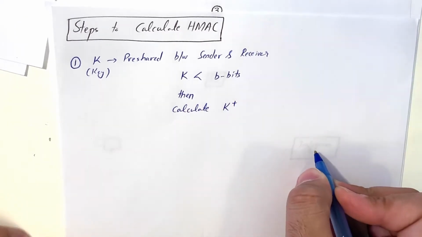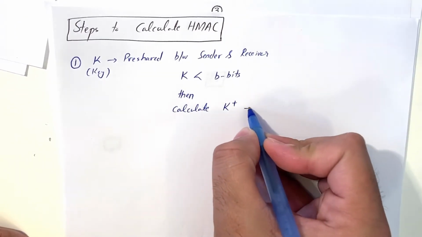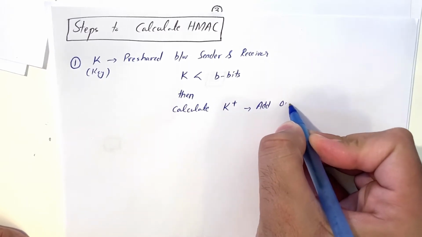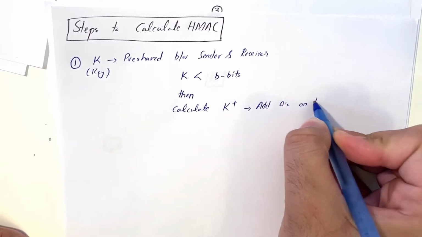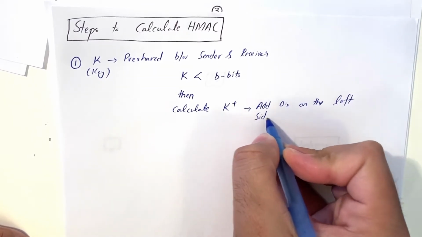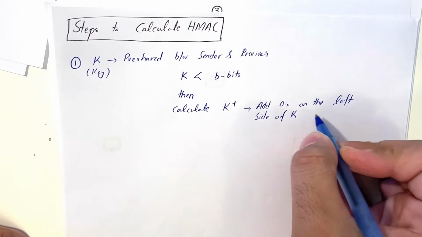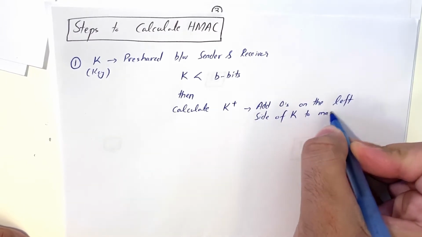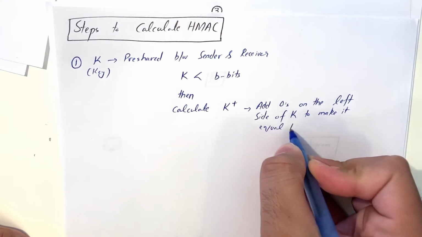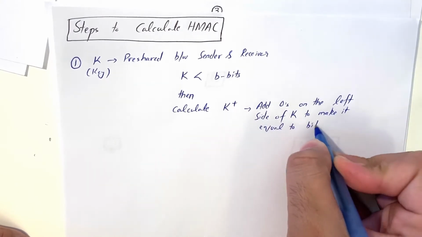And what is K plus? K plus is where we append, or add, zeros on the left side of K to make it equal to B bits in length.